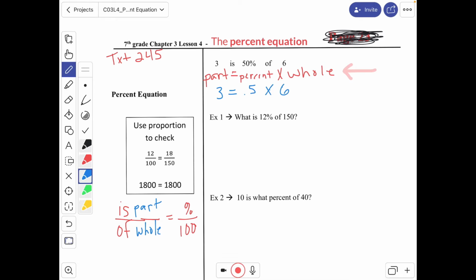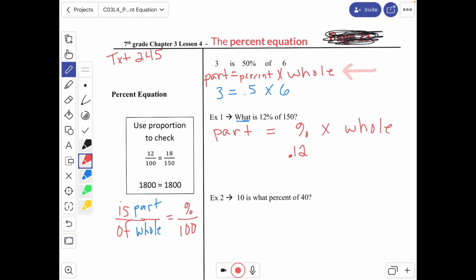So for example 1, what is 12% of 150? So start with our equation. Part equals percent times the whole. Well, 12 is probably going to be the percent because it has a percent sign, and you have to change it to a decimal.